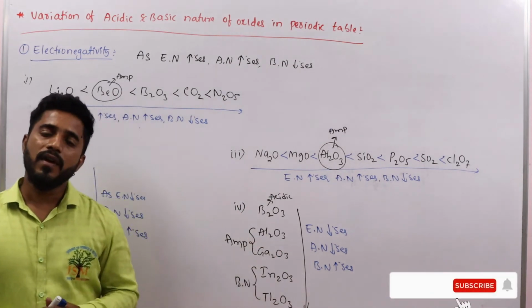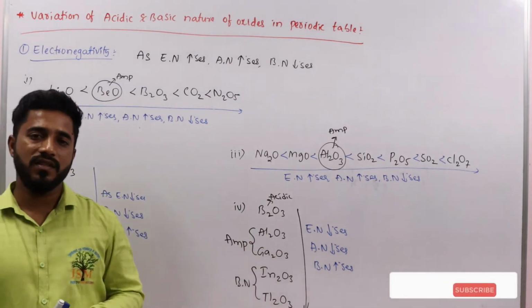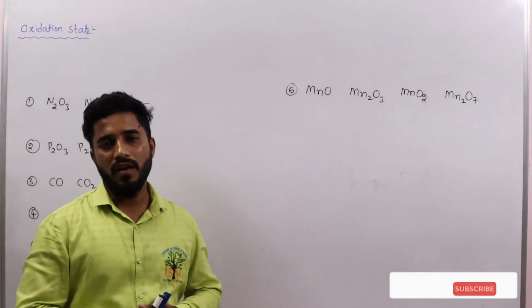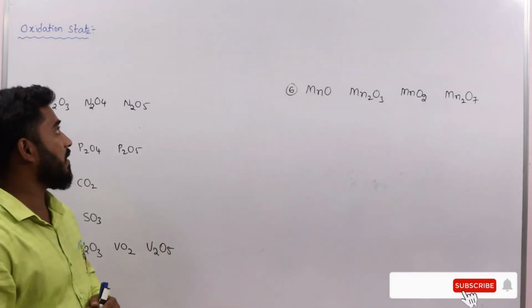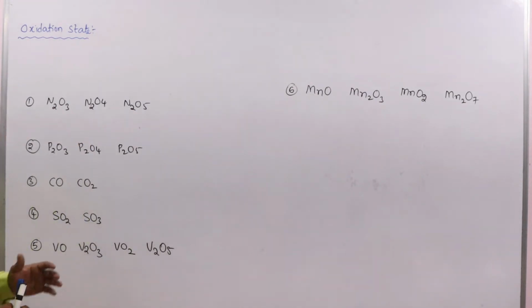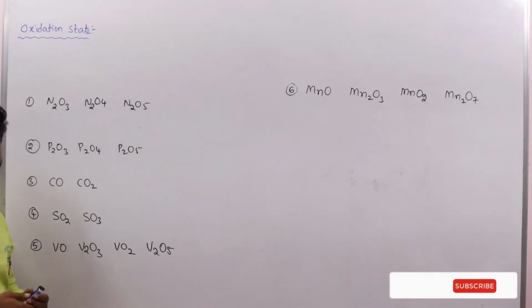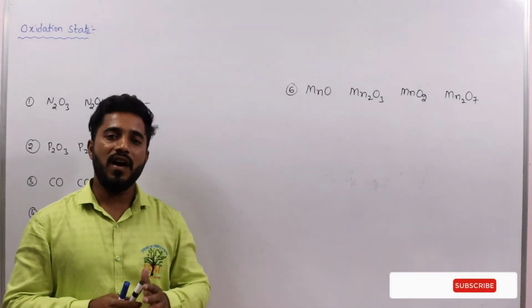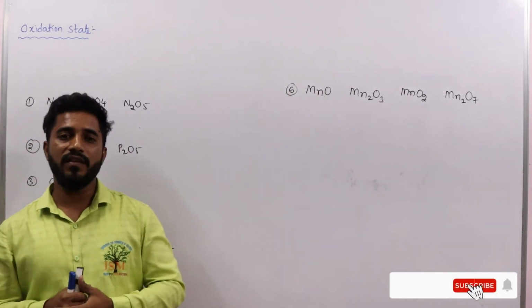Let us see the next factor, oxidation state, on which the oxide's nature depends. As oxidation state increases, acidic nature increases, because when the oxidation state increases, electronegativity increases.